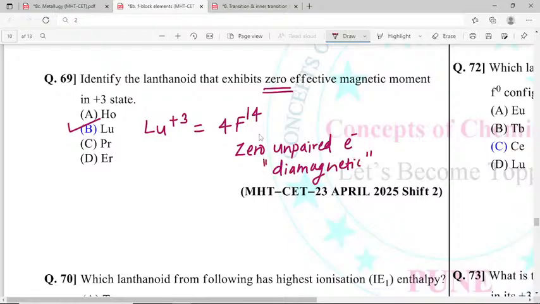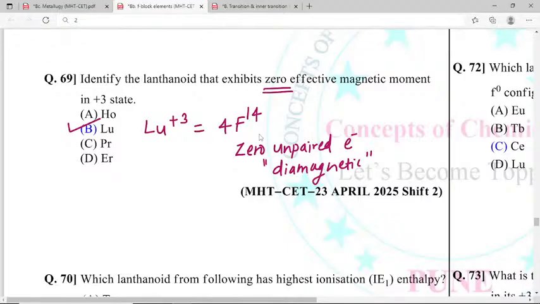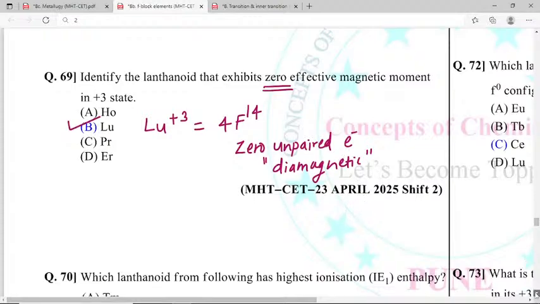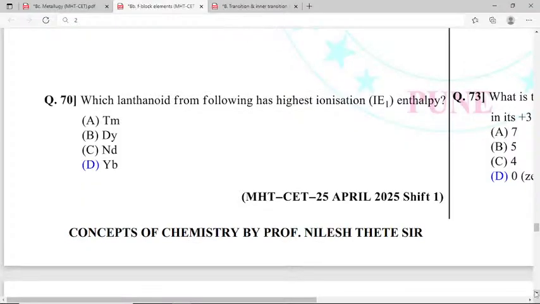Always remember, whenever there is diamagnetism, there are 0 unpaired electrons, because all electrons are paired. 4f14, all electrons are paired.